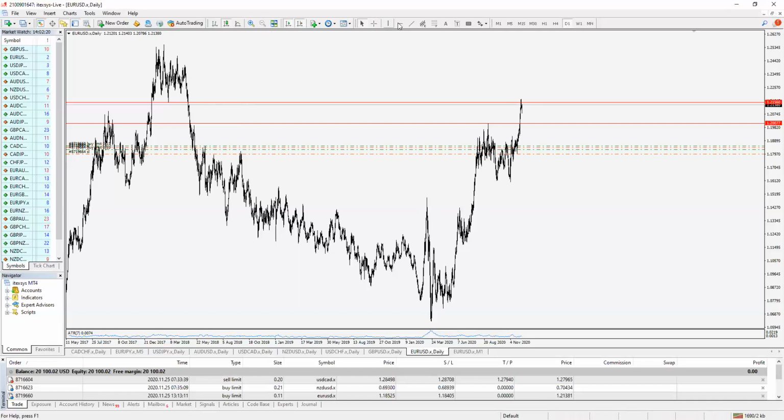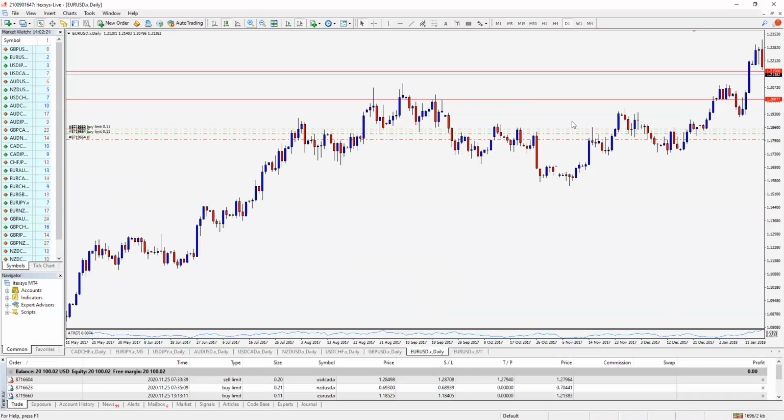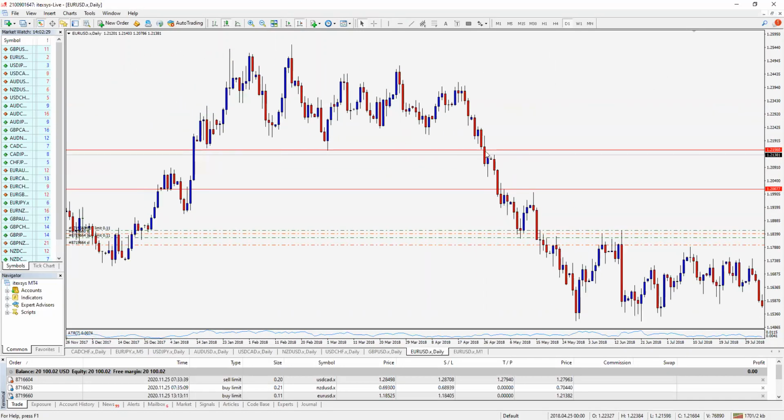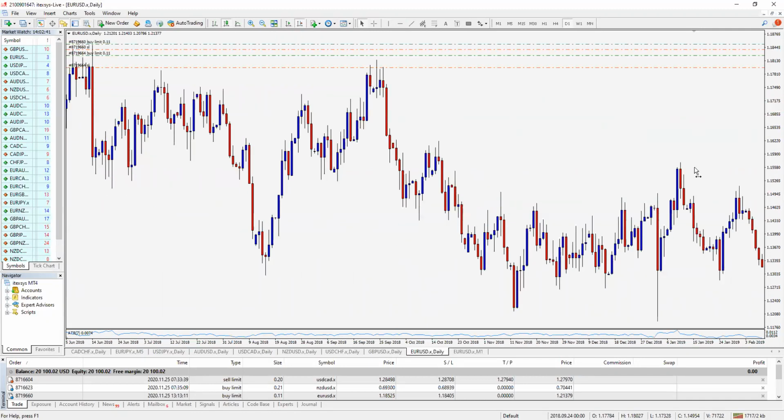If I zoom in, let's see that closer. You can see that's the bottom part of that big range, and price will be facing some supply all over this area that will be holding price from going higher and higher.